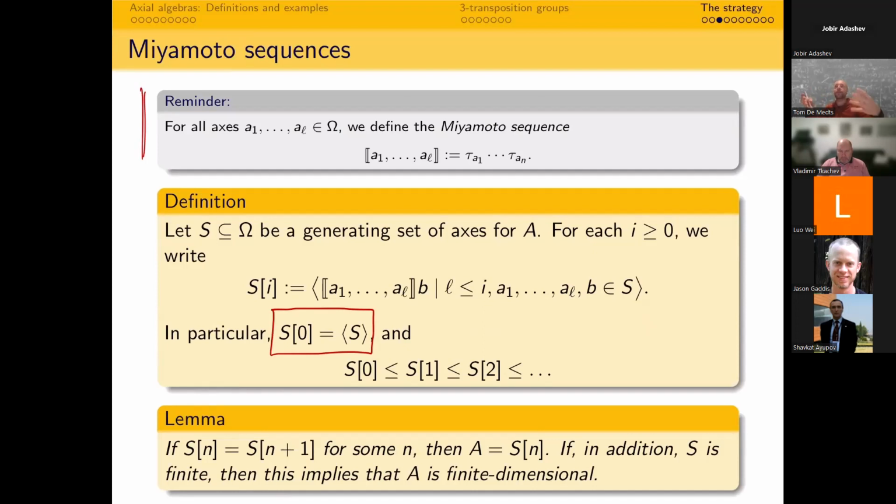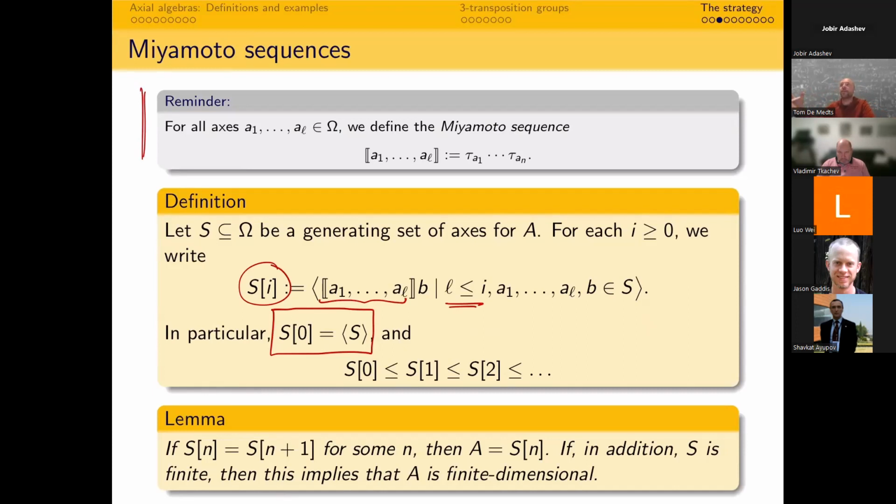Then we make larger and larger sets by applying longer and longer Miyamoto sequences, so by applying more and more of these Miyamoto involutions to it. That's what we denote by S_i, which means that we apply Miyamoto sequences of length at most i.